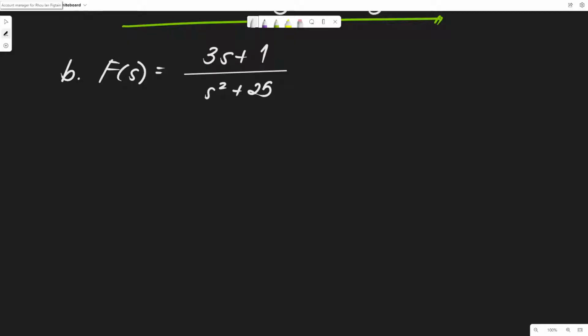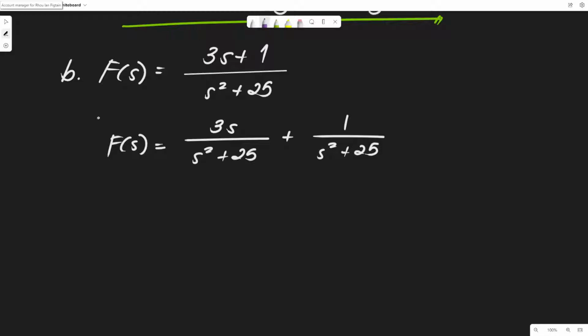Okay, so ito yung pinapahanap sa atin. So, again, paghiwalayin ko lang siya, pero dapat same yung denominator. So, we have 3s over s squared plus 25 plus 1 over s squared plus 25. Okay, tapos ito na yung kukunin natin yung Laplace transform.